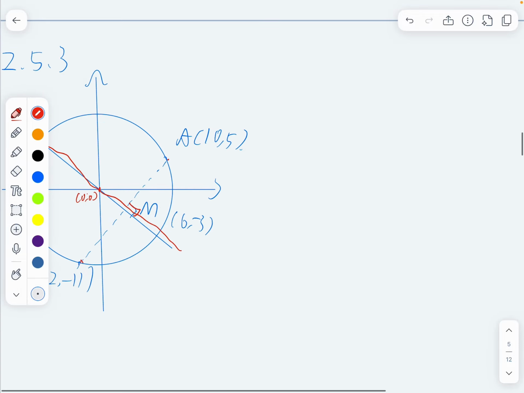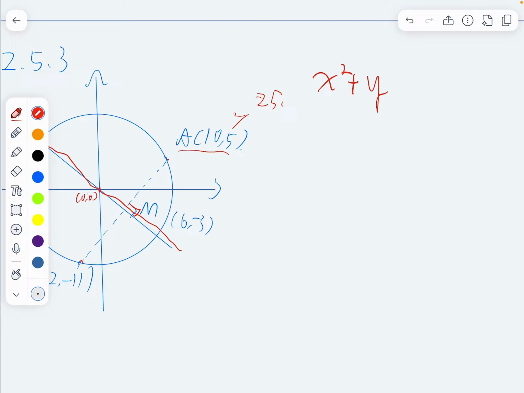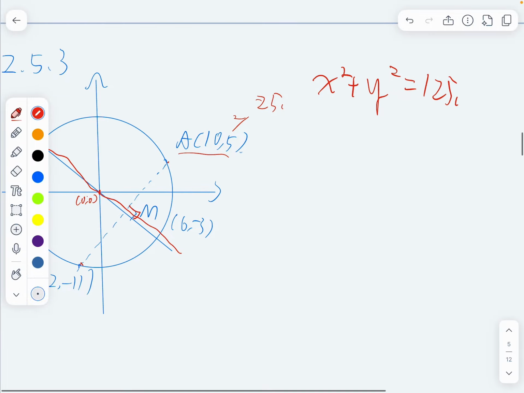First we get the circle equation. The radius is 5 square root 5, and we square it to get 125. So the circle equation is x squared plus y squared equals 125.